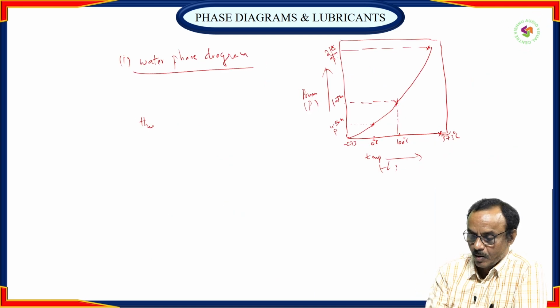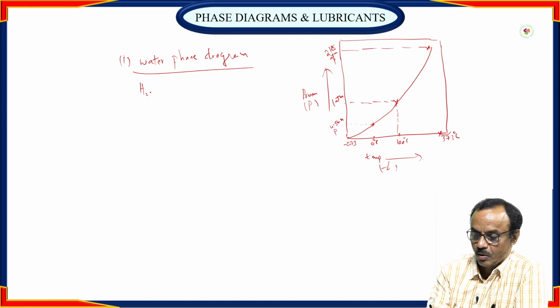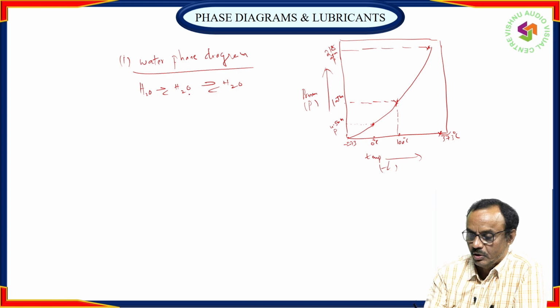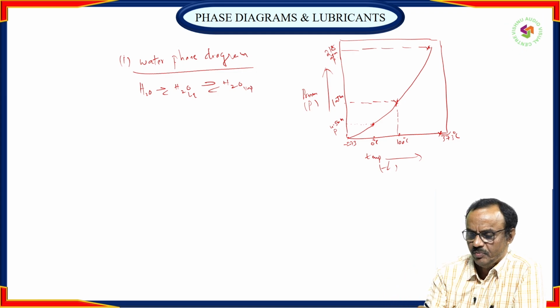H2O, all are represented by one formula, H2O. Liquid H2O, vapor, just like white smoke inside the deep freeze box, and ice, the solid form.